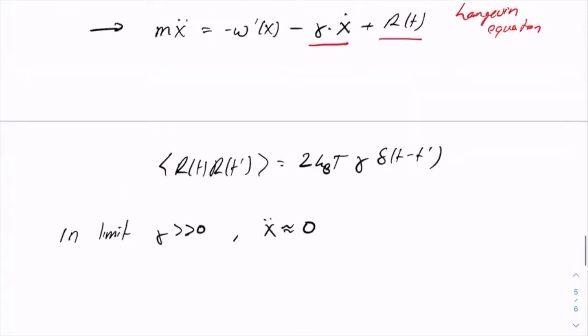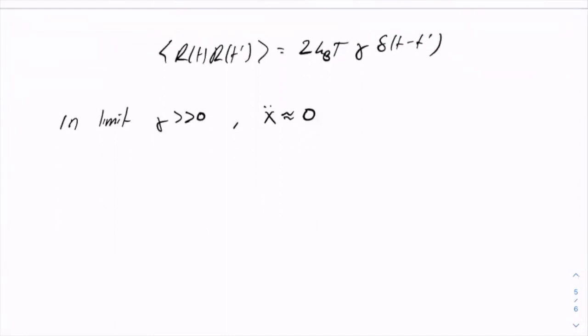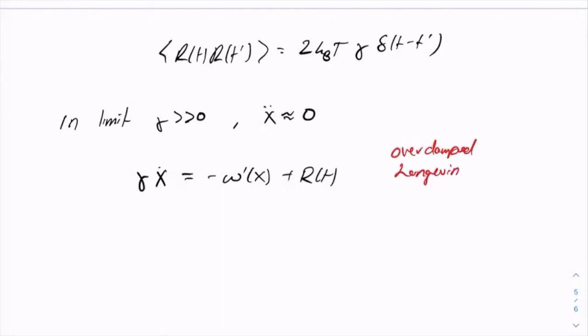In the limit that the inertia can be set to exactly 0, we can then solve for an equation of motion that depends only on the velocity and the position of the particle, which then looks like that. This is often referred to as the over-damped Langevin equation. Damped because the friction is large. It is the equation of motion for Brownian motion.